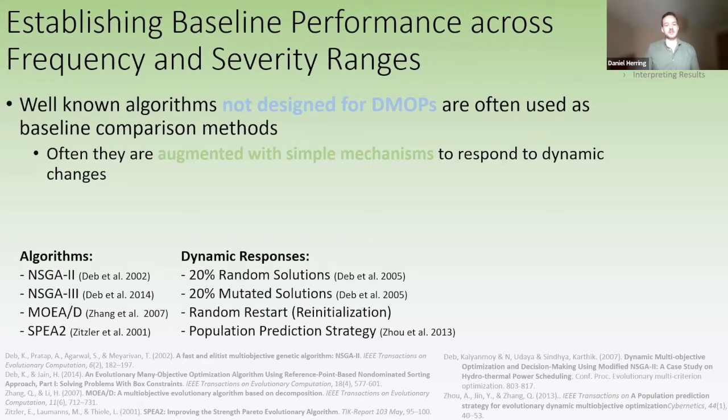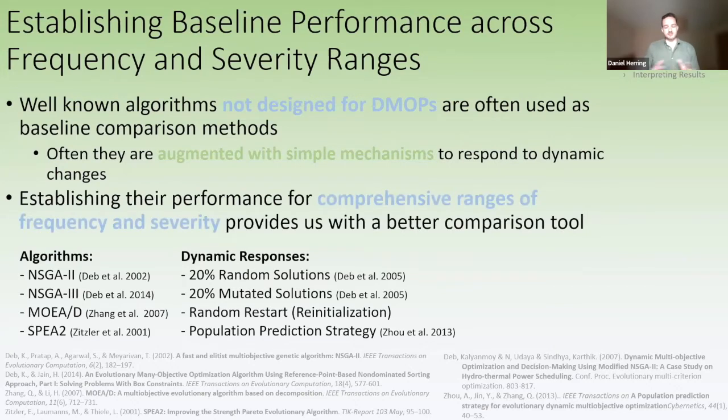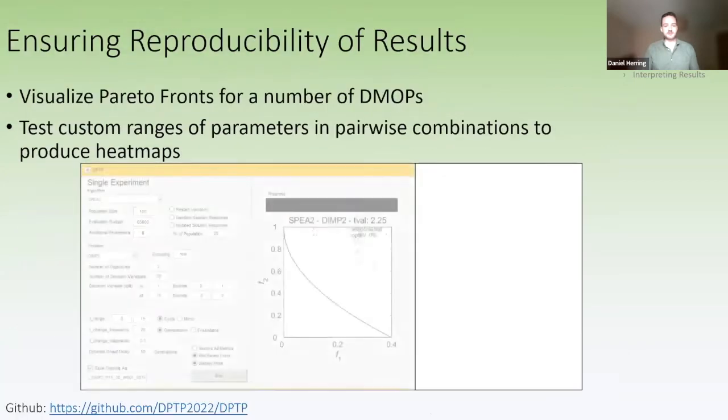Therefore, using these algorithms and their augmented variants, we can establish a comprehensive and comparable baseline of performance across the frequency-severity parameter combination instances. We can ascertain the relative benefit of the simple response mechanisms and provide insights into parameter selection on a problem-specific level.